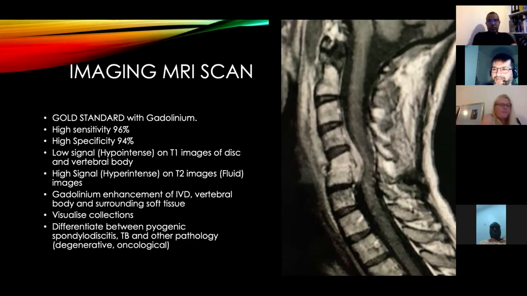The MRI scan is good for looking for any collections, whether they're anterior, posterior to the vertebral bodies, or in the posterior part of the spinal canal. And they can differentiate between pyogenic spondylodiscitis, TB, and other pathologies such as degenerative changes or tumours.